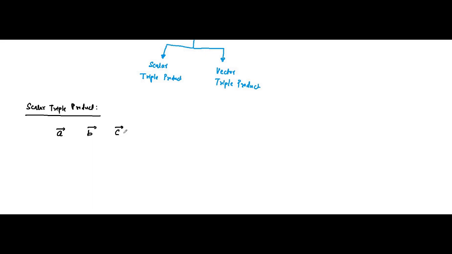The scalar triple product is represented as A vector, B vector and C vector, like this, and it can be written as A vector dot B vector cross C vector.